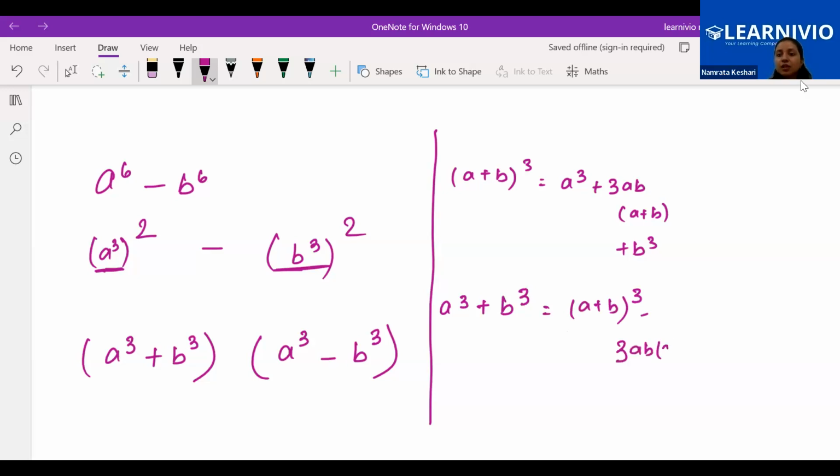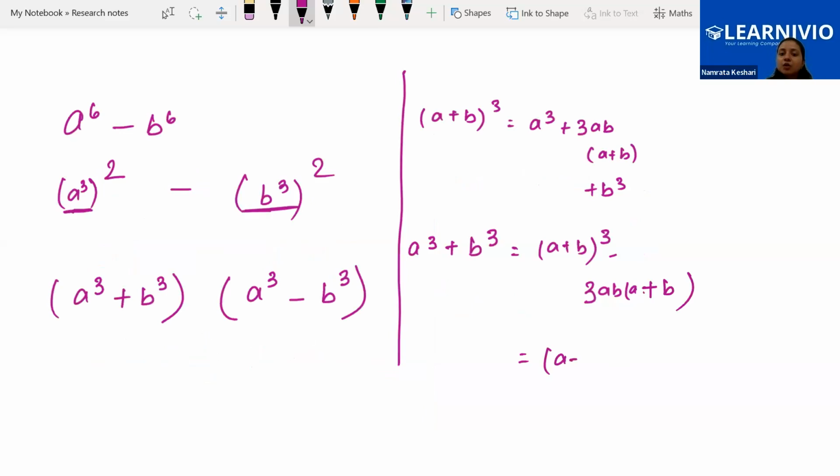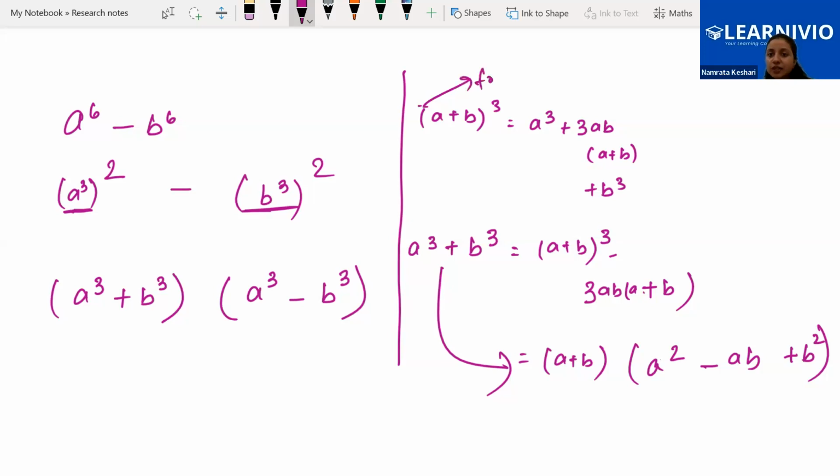From here only we can take out a plus b common, and the formula is a plus b whole square minus 3ab. That means we will be getting a square, we will be getting b square, and we will be getting minus ab. This is the formula for this one. Directly, please memorize the formula. From this formula it came.